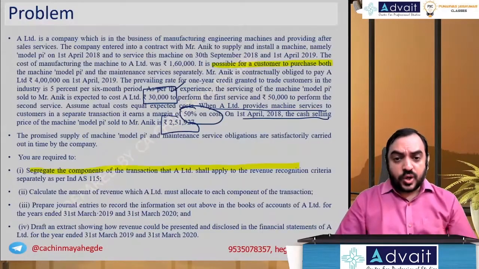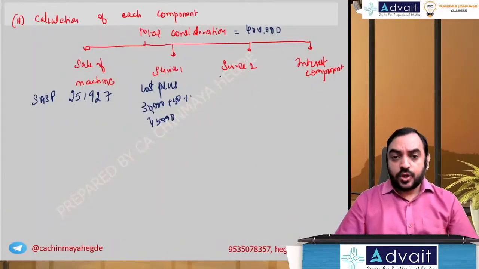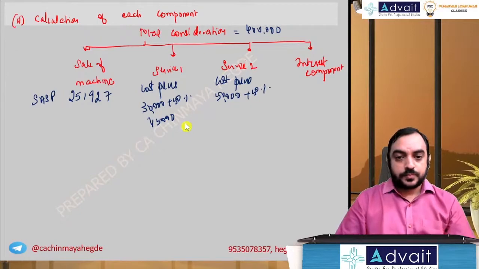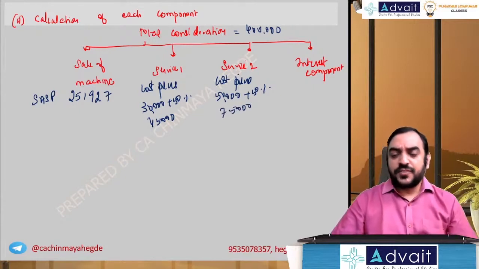Service 2, the cost is 50,000, same percentage, cost plus method. 50,000 plus 50% is 50 and 25, so 75,000. Now find out the balancing figure.